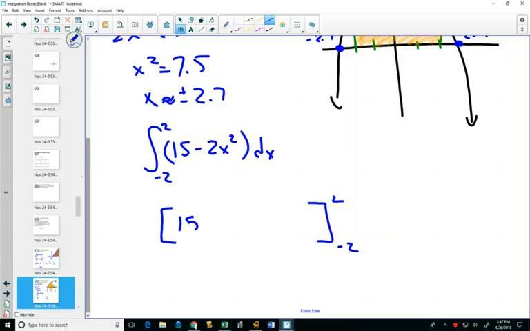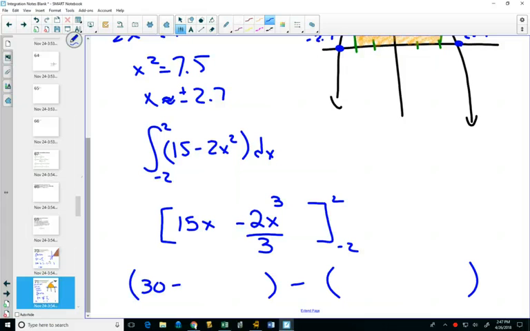We're going to get 15x minus 2x cubed divided by 3. Plug in 2: 30 minus 16 over 3. Plug in negative 2: negative 30 plus 16 over 3.